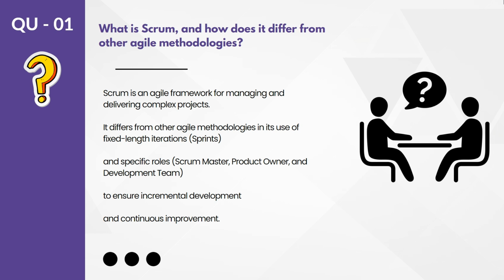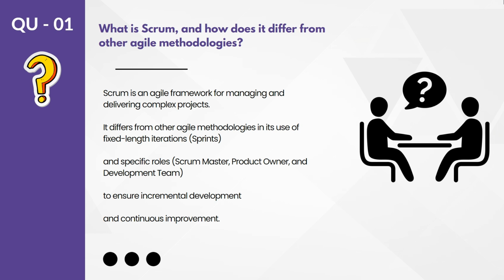Through the retrospective you can focus on continuous improvement. Using the word retrospective in your normal explanation gives the interviewer comfort that you are familiar with these ceremonies or words. So that's about question number 1.